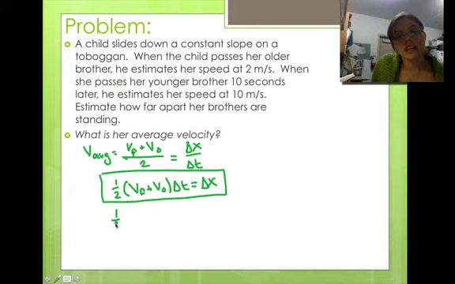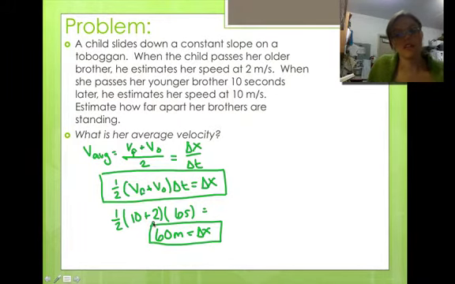Then we can plug in 1/2 Vf, her final velocity was 10, plus her initial, which is 2, and the change in time was 6 seconds. So 12 times 6 is 72, 1/2 of 72 is 36... meters.